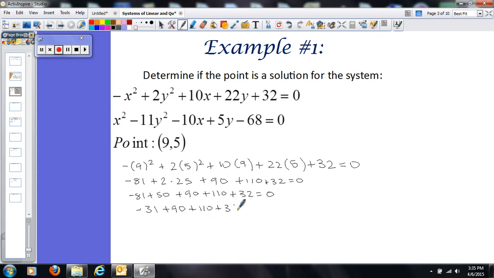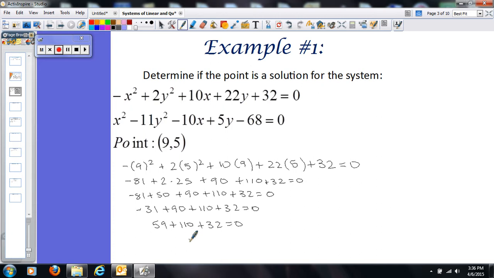plus 32 equals 0. 90 and negative 31 is going to be 59 plus 110 plus 32 equals 0. And then 110 and 32 is going to be 142. And 59 would be 201.